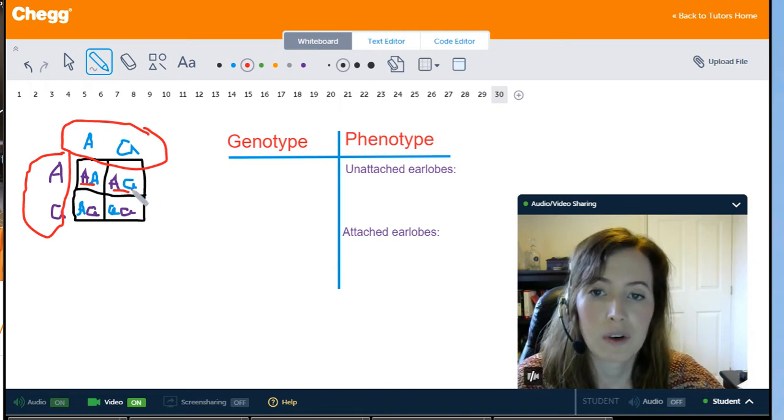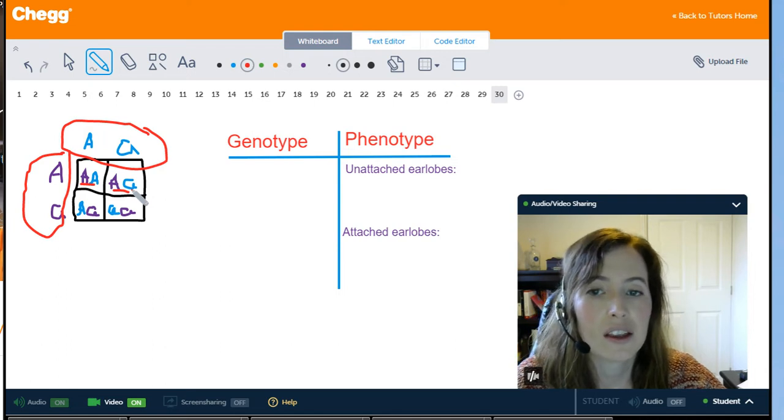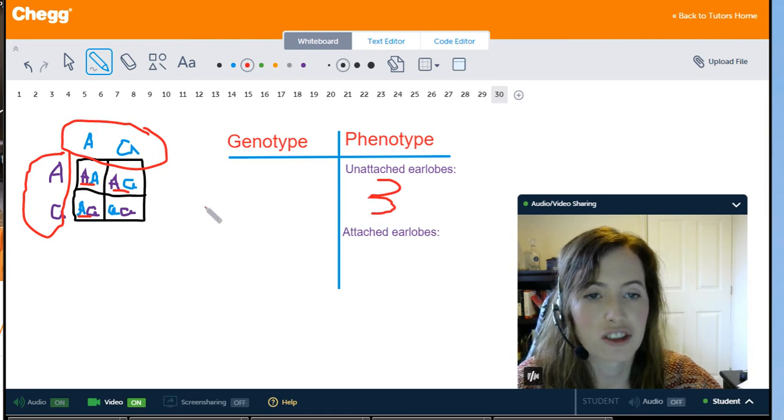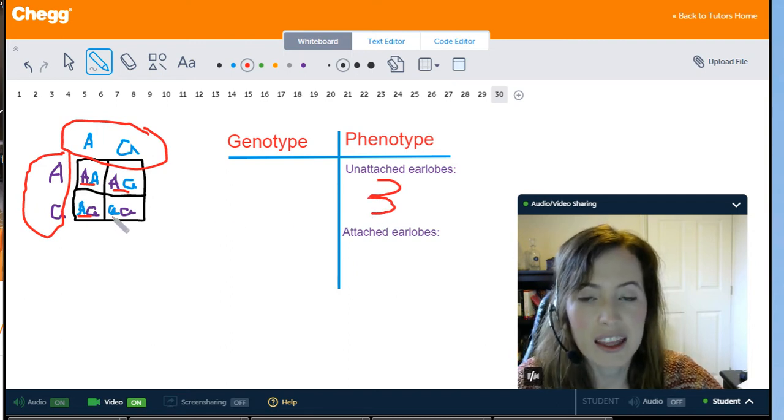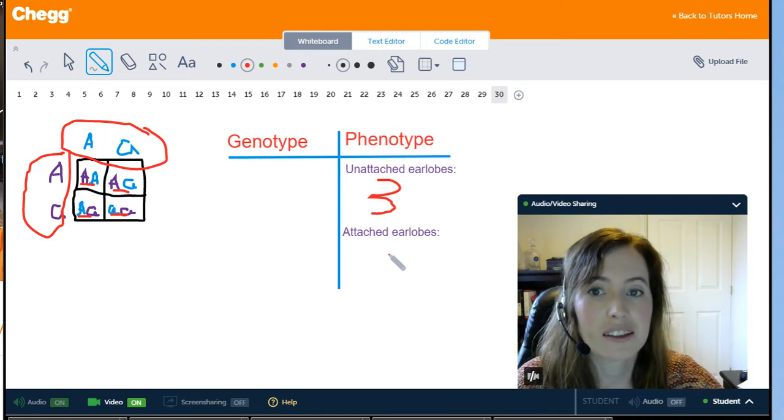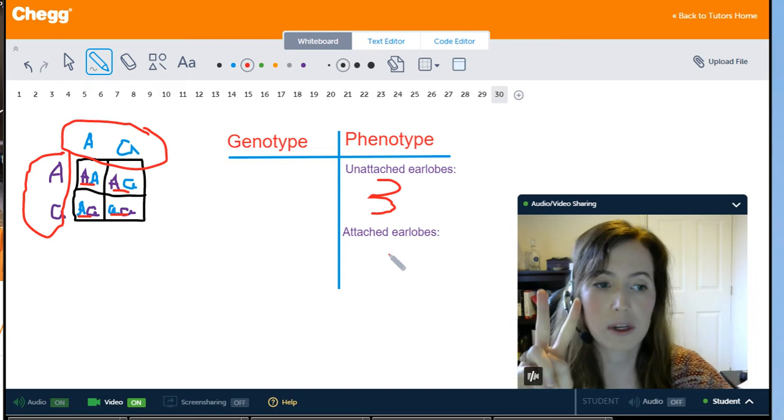So for this one as well, this would be unattached earlobes. And so with this one. So my phenotype would be 3 are unattached. And then only 1 is attached, because that is my only one that has 2 recessive.